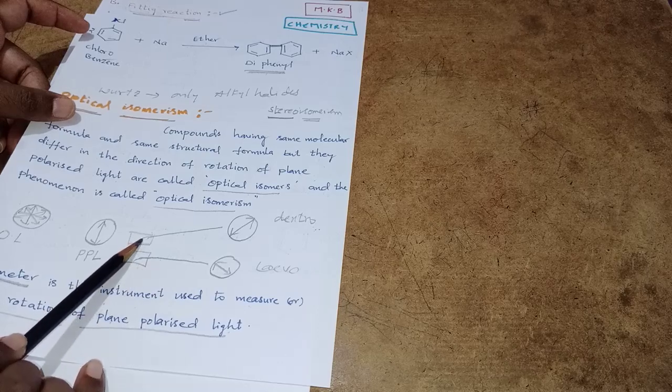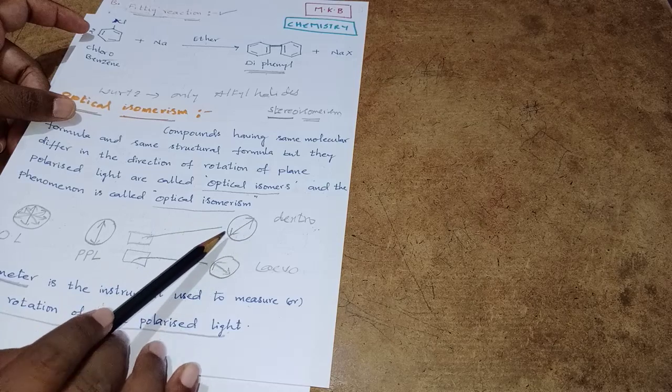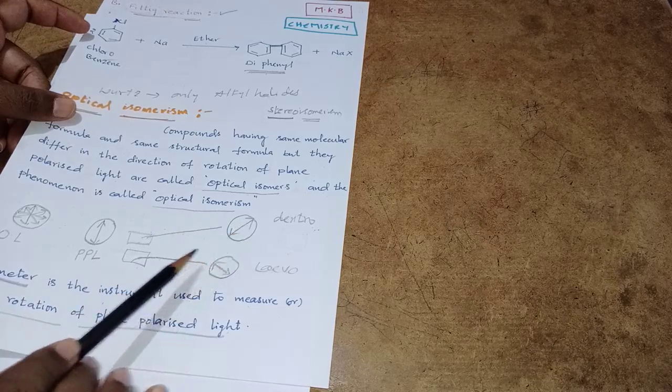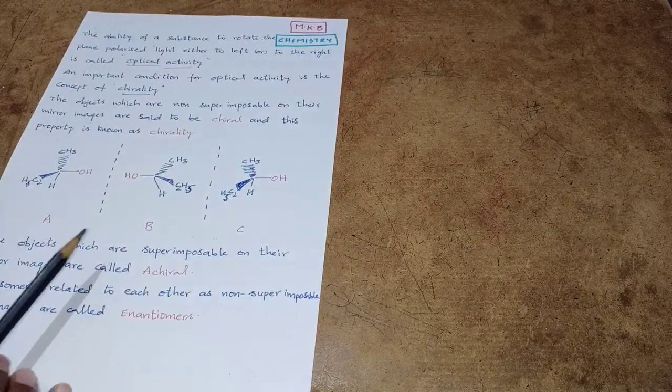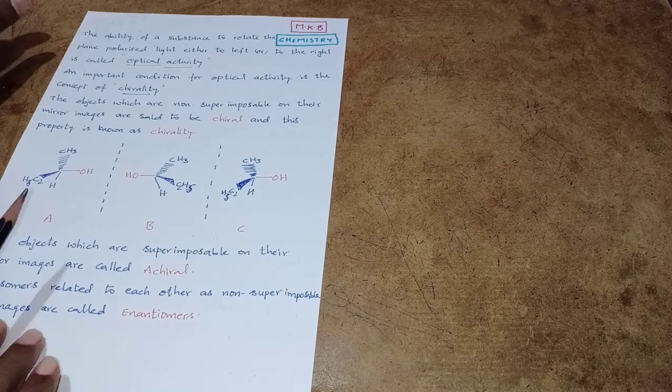If the substance does not rotate the plane polarized light to either side, then it is called optically inactive, or optical inactivity. In which conditions can the substance not rotate the plane polarized light?